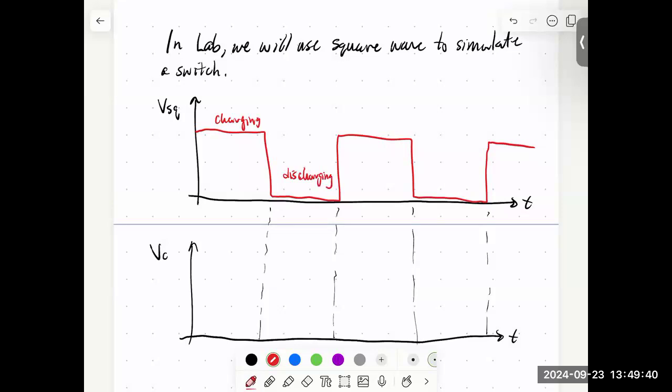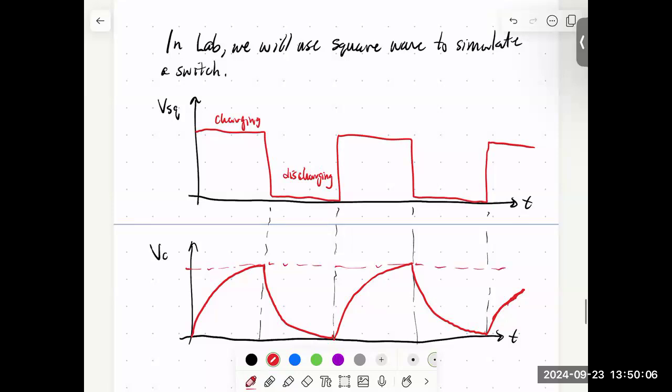Our capacitor would charge up, reach some maximum, then when the square wave goes to 0, it'll discharge, and repeat this process over and over. We're going to investigate these waveforms on the oscilloscope and make a measurement to determine the RC time constant of the circuits that we analyze.